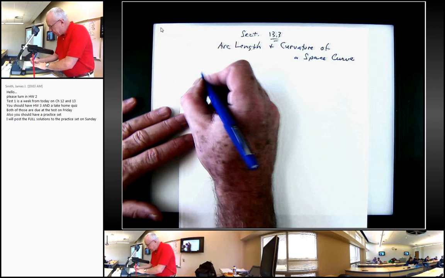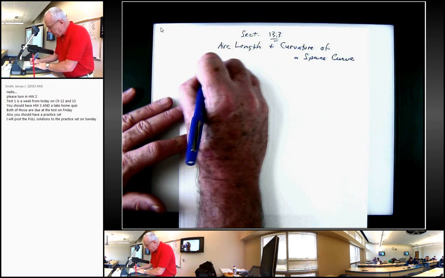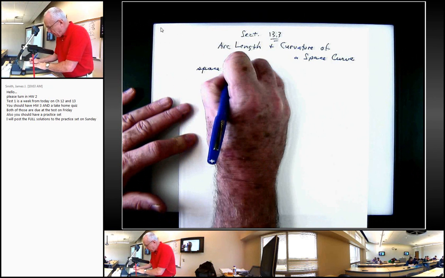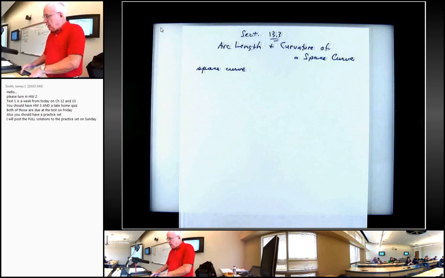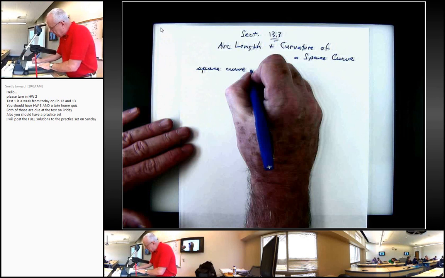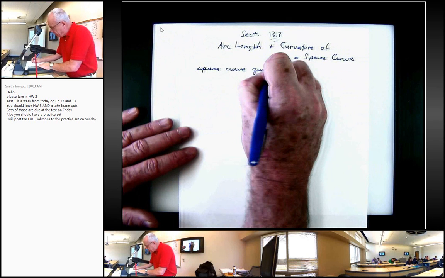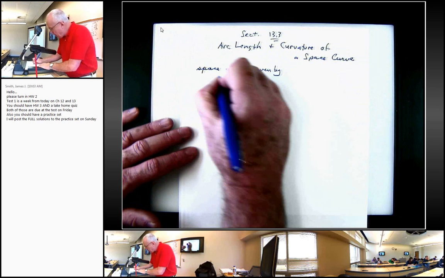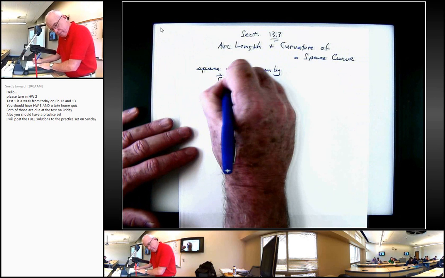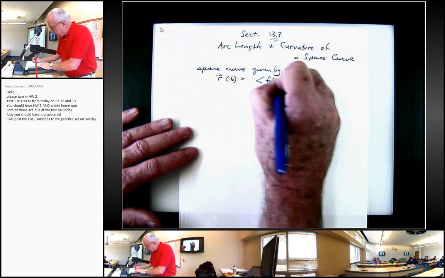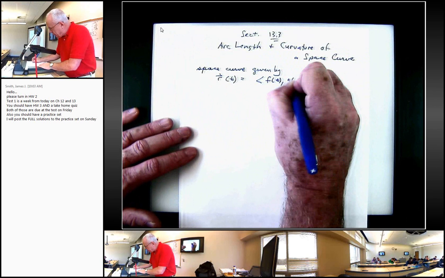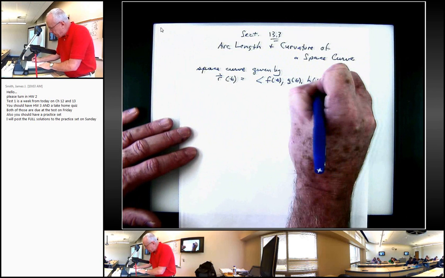Let's see. We have a space curve, and it's given by a vector function r of t equal to f of t, g of t, h of t.